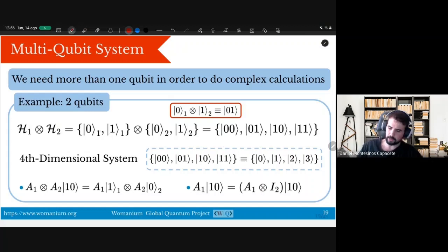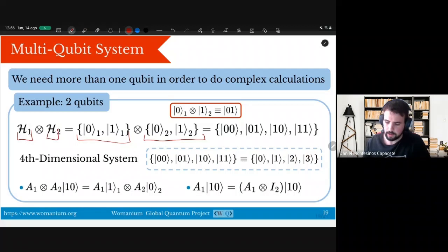In here, this is not strictly necessary, but to make it clearer, I have added the one to indicate that I refer to the first quantum system, and the two to indicate that I refer to the second quantum system.